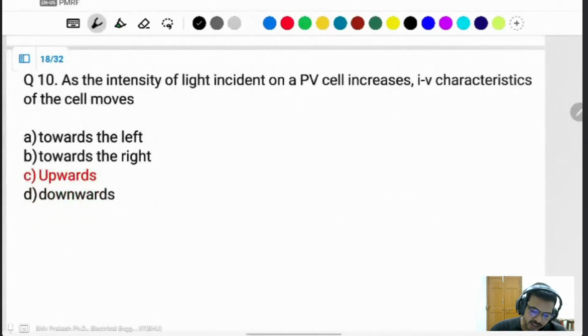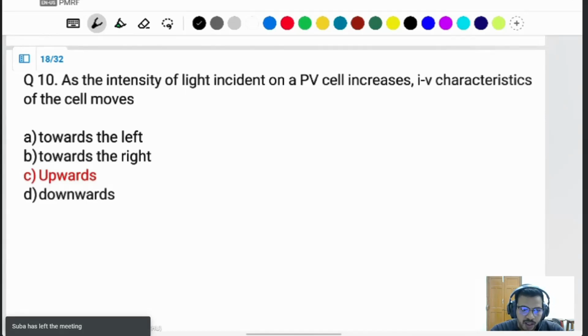As the intensity of light incident on a PV cell increases, the IV characteristic of the cell moves towards the right, towards the left, upwards or downwards? As the intensity of light incident on the PV cell increases, it means insolation will increase. If insolation increases, what happens?